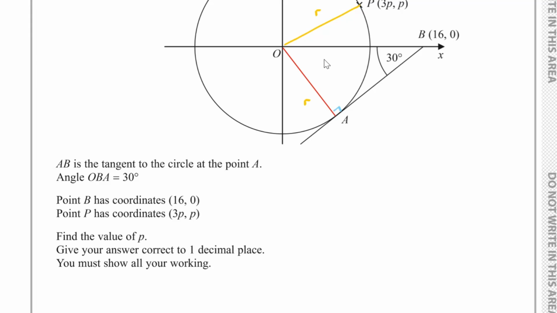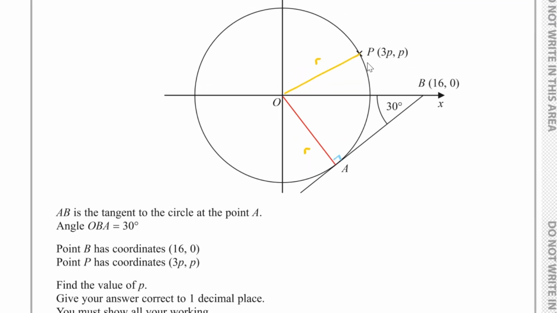And in fact, we can find out what this is using Pythagoras in terms of p. We can find the radius in terms of p, and we can also find the actual value of the radius. Why can we do that? Because you'll notice the length OB, so the length O to B, that's equal to 16.